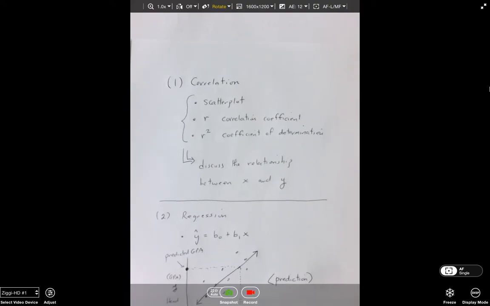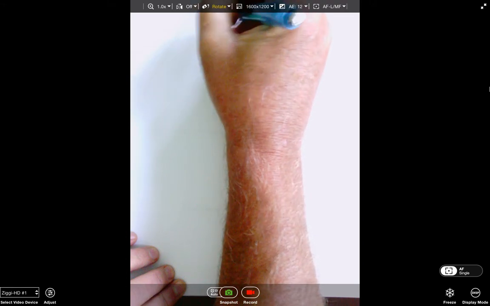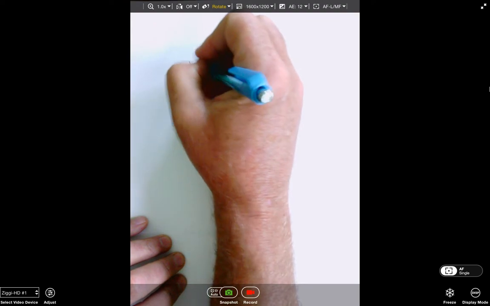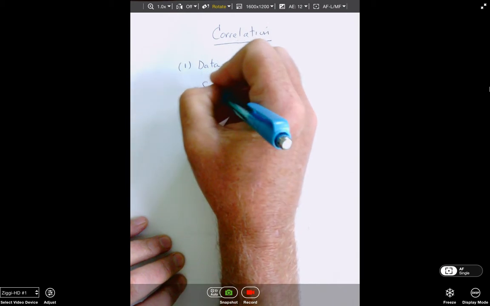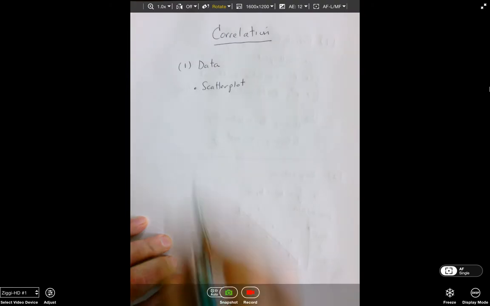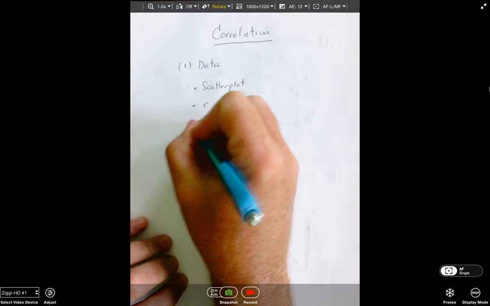Now, what I want to do in this video is run through an example of the correlation part. Here are the things that I'm going to teach you in this video. First of all, we're going to have data that's given. We're going to learn how to create and summarize a scatter plot. We're going to find out how to create R, the correlation coefficient.